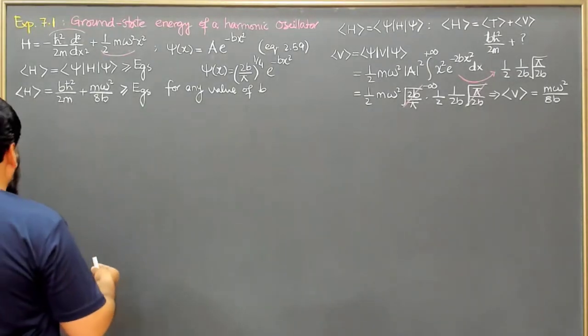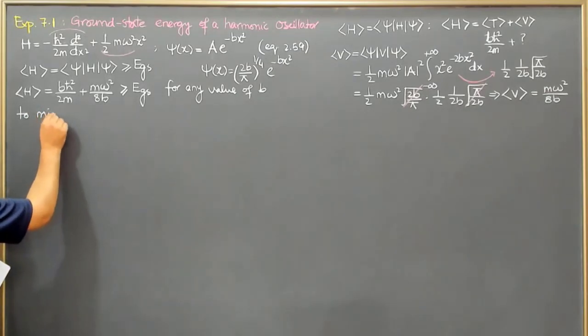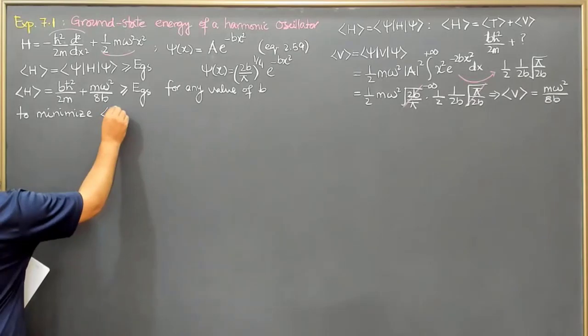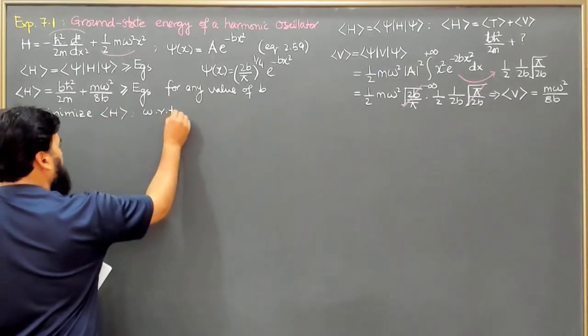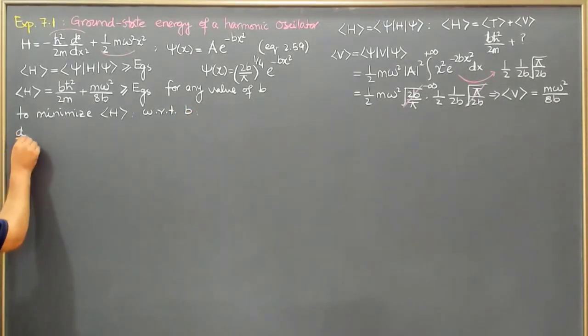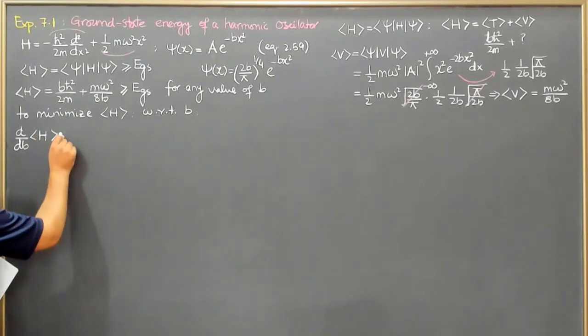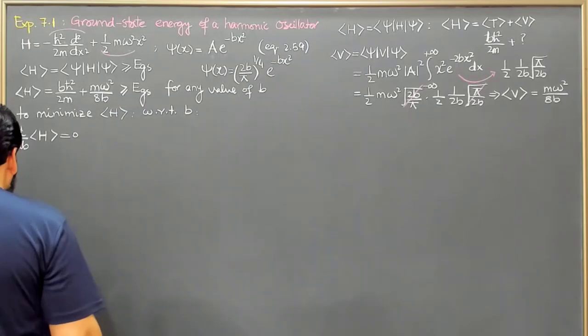So I can write that we will have to minimize this H value with respect to b, and this will be d over db. We are minimizing with b, and the first derivative is supposed to be equal to 0 for the minimum value.